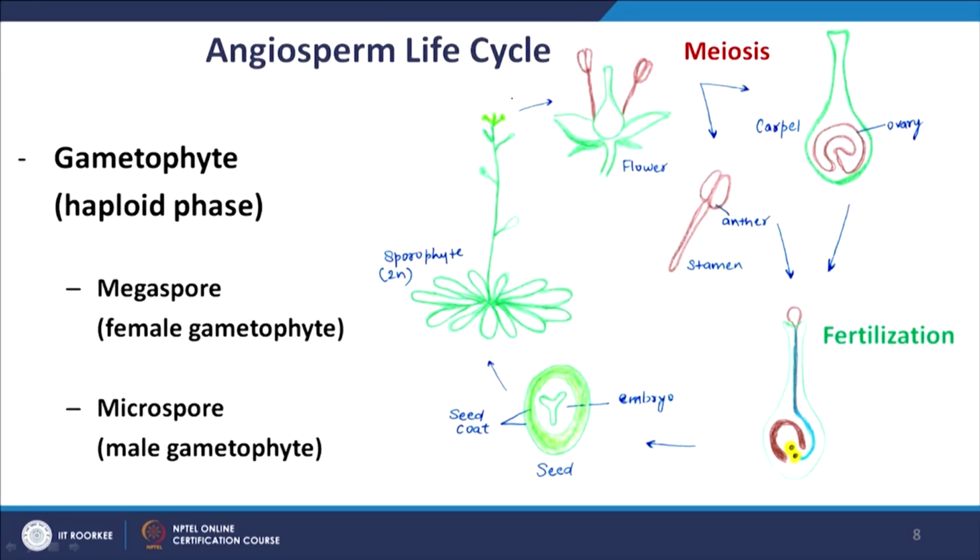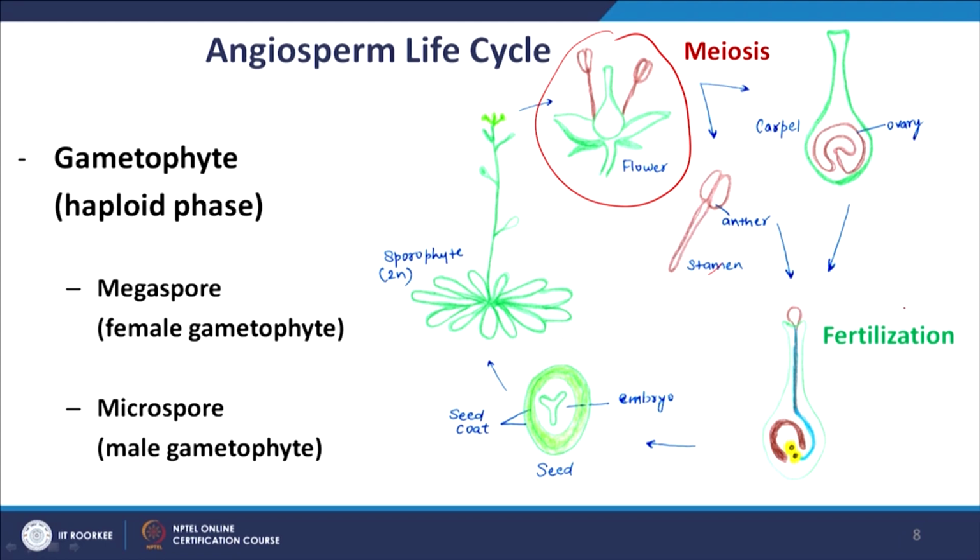This is a typical angiospermic flower. In a flower there are 4 organs mainly: the sepals, petals, stamens and carpels. The stamen is the male reproductive organ, the carpel is the female reproductive organ, and the process of gametophytic stages initiates from here, when anthers, the male part of the stamen, produce pollen grains, and carpels have ovules.